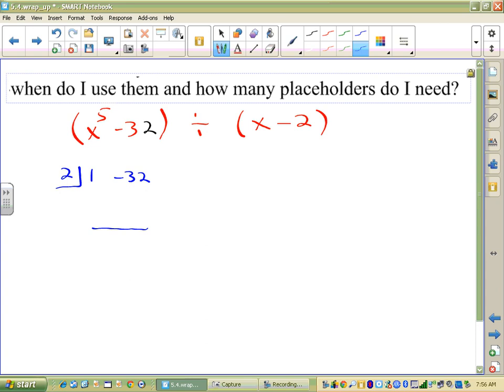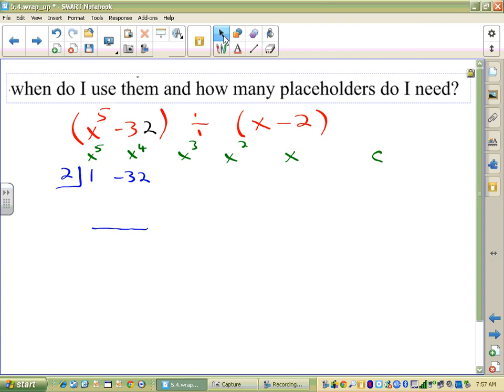Remember, with synthetic division, all you're using is coefficients. So that 1 is x to the 5th's coefficient. So up next ought to be x to the 4th's coefficient, and after that x cubed's coefficient, and after that x squared's coefficient, and then x's coefficient, and then the constant.